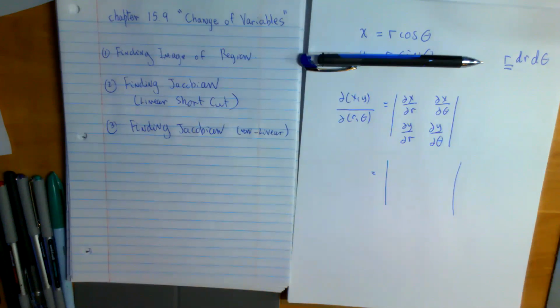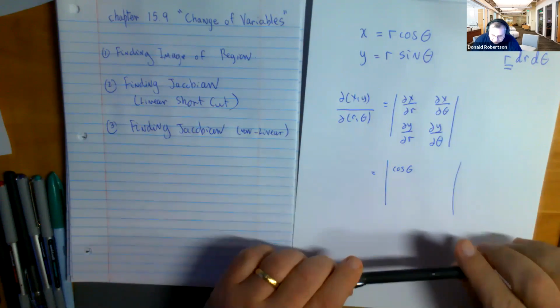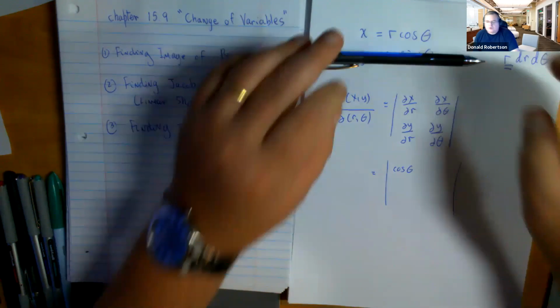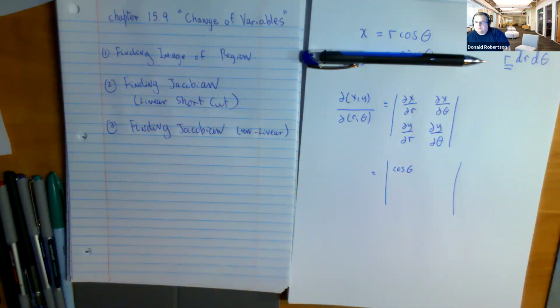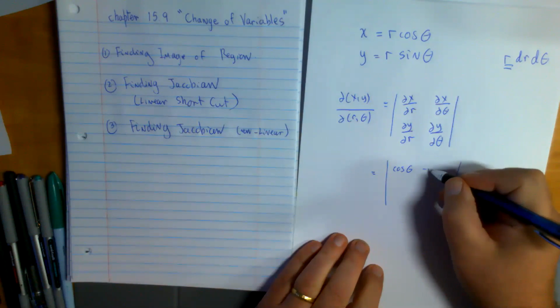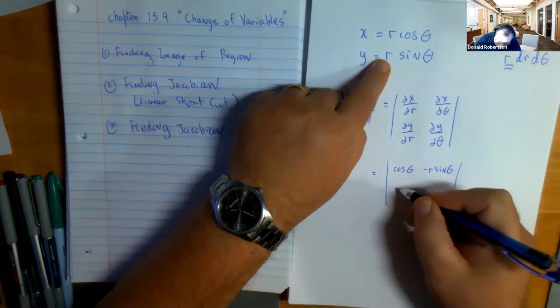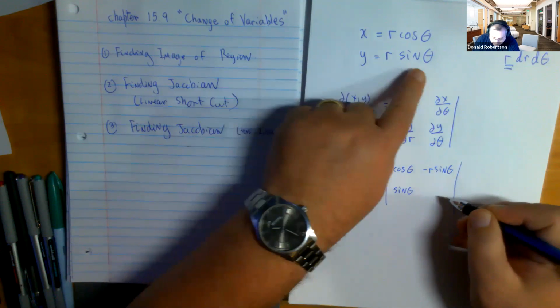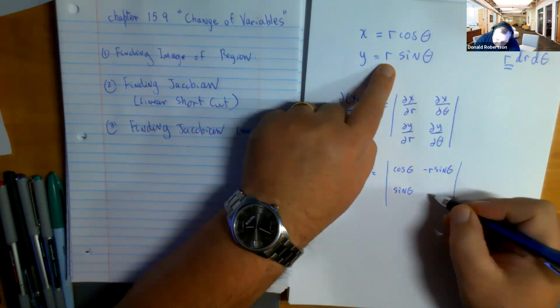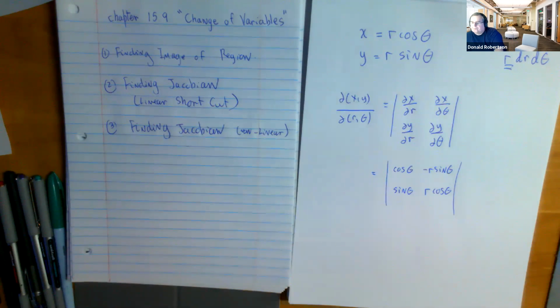Cosine theta. Agreed. Now, if you differentiate it with respect to theta, what does that get you? Negative r sine theta. Now, if you do this one, you get sine theta. And if you do this one with respect to the other variable, I believe you get r cosine theta. Are you all happy about those four?